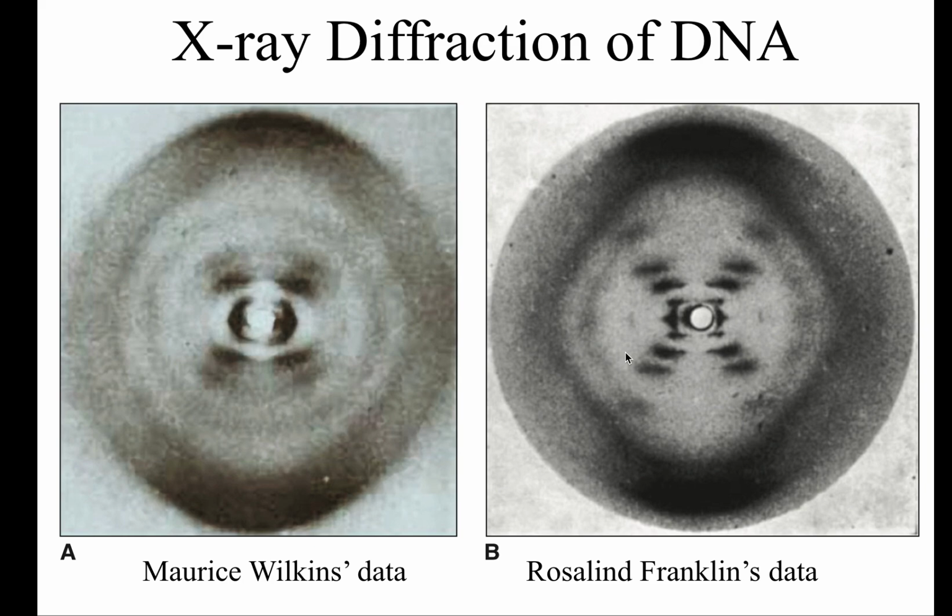And just by contrast, there was another author that published in the same journal as Watson and Crick when they're describing the structure of DNA. And he also published his X-ray crystallography data. But you can see that the quality of these images is not as sharp as the quality of these images.